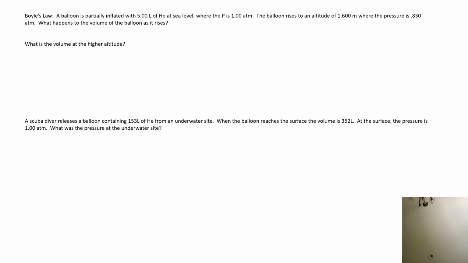So we're going to work back through some examples for each of the individual laws. We'll start working with the ideal gas law, but recall that Boyle's law is P1V1 equals P2V2, and this assumes that N and T are constant.